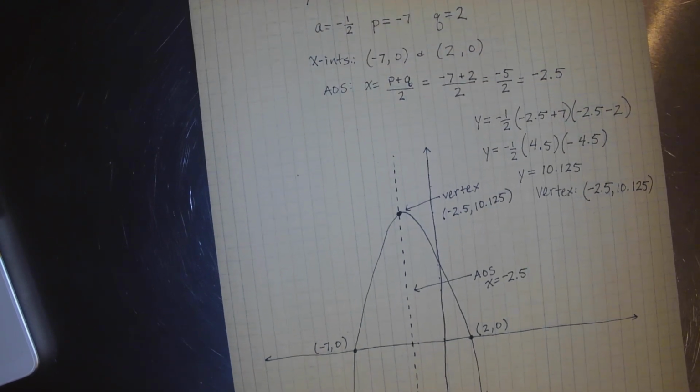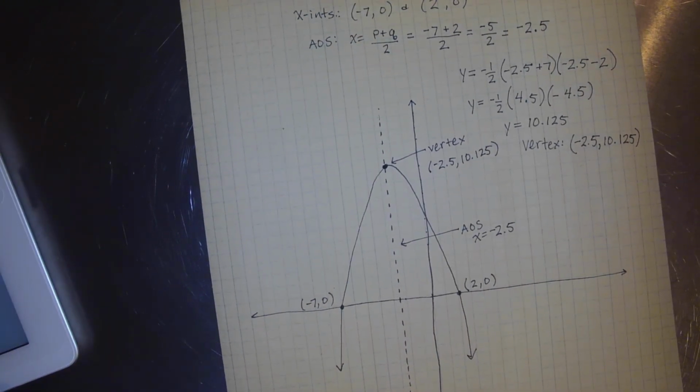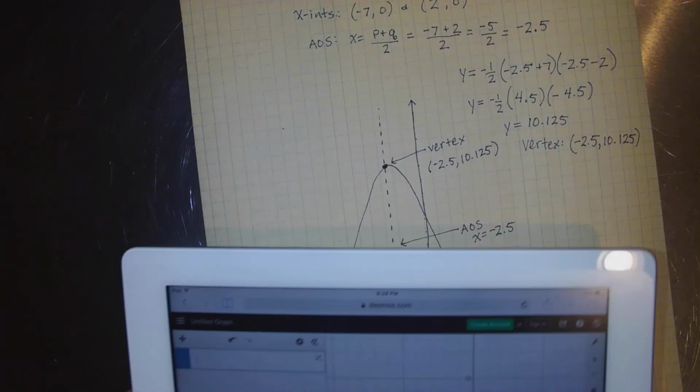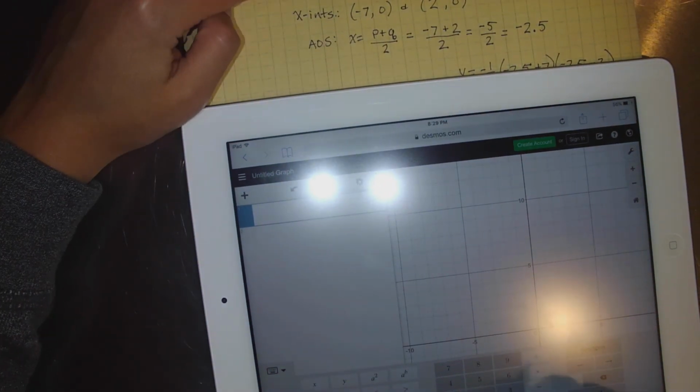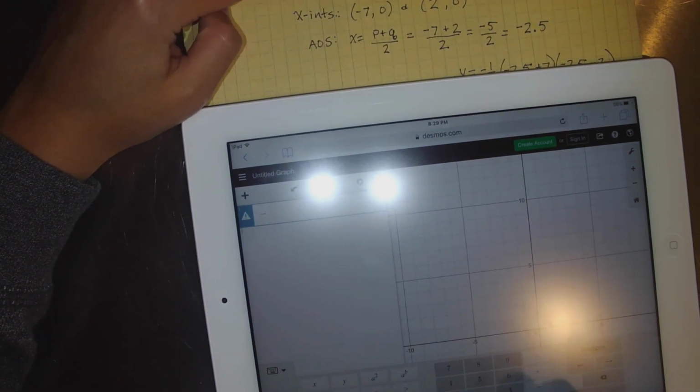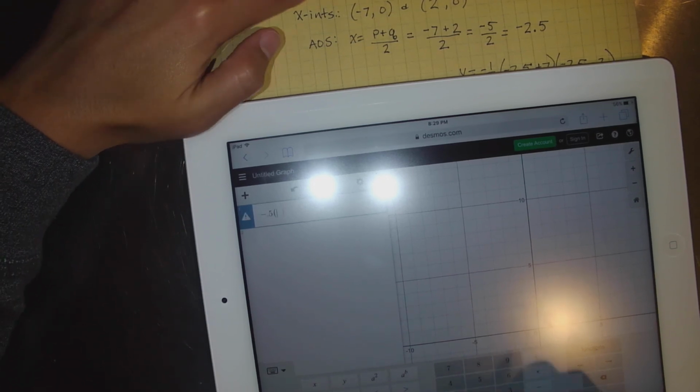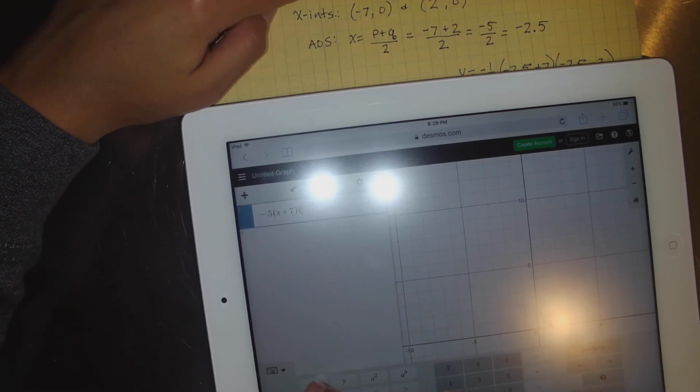Now we want to double check what we have by typing into Desmos our original equation, so it's -0.5, and then x plus 7 and x minus 2.